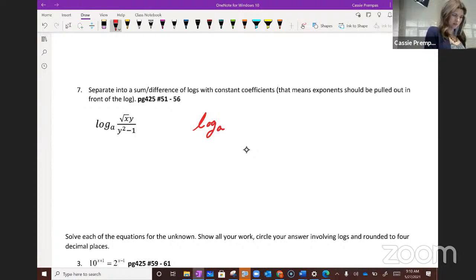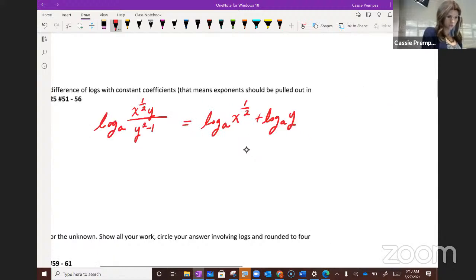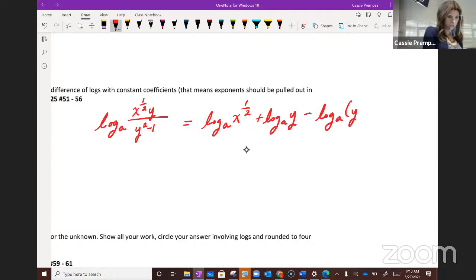Alright, so log base A is square root of x plus log base A y minus log base A You separate the x and y, raise it to log x plus log ax squared. no states of x No root. because they're separated No, by it's just Oh, I see. they're And then separated it's by minus the log subtraction, so you can do it. y squared minus 1 because you can't separate it with subtraction.